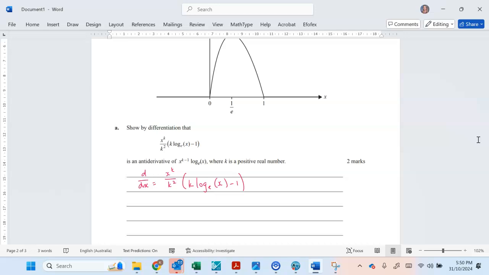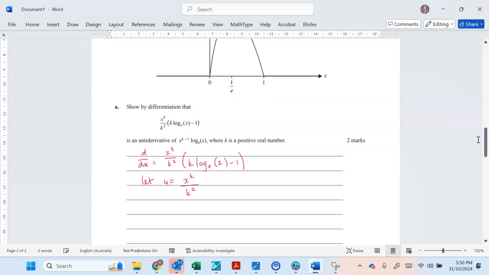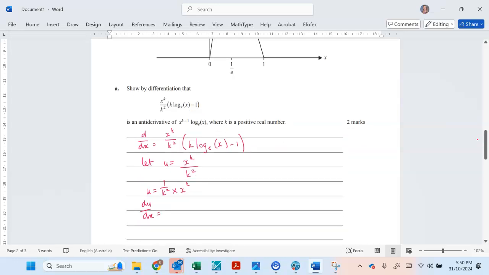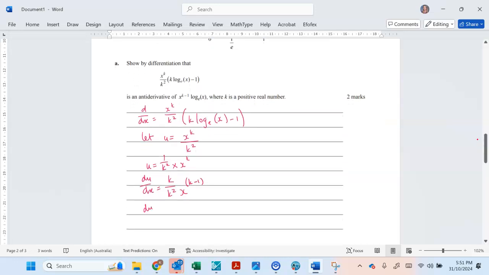I don't think so. All right, so let's let u equal x to the power of k on k squared. Now, the k is just a constant, a number, so you can, if it helps, think of it as 1 on k squared times x^k. So du dx, we multiply the front by k, the coefficient, and then we've got k minus 1 as our power, so 1 on k x^(k minus 1).